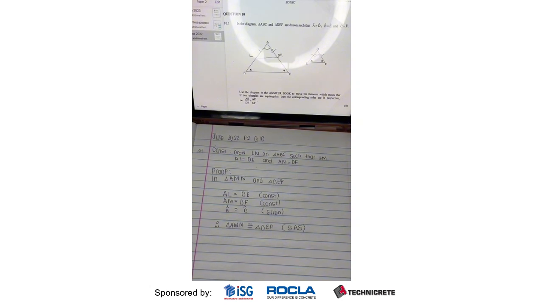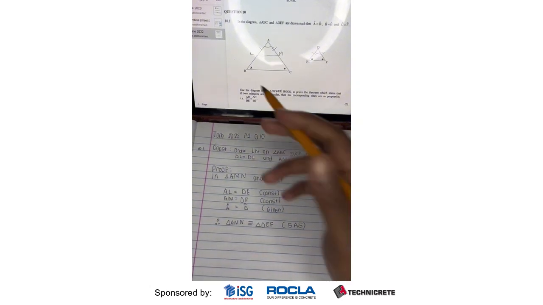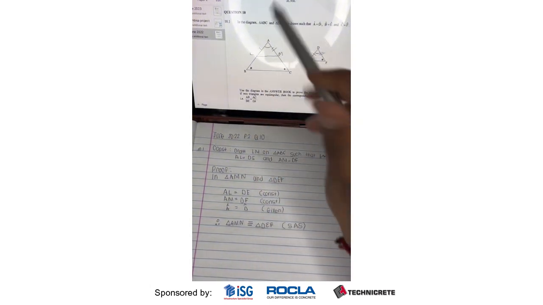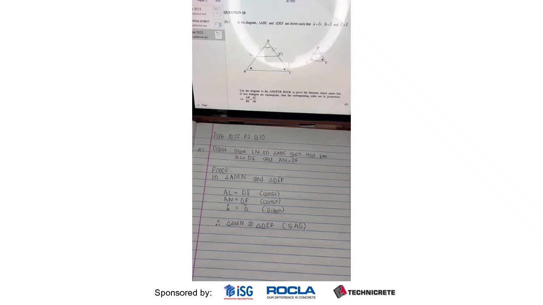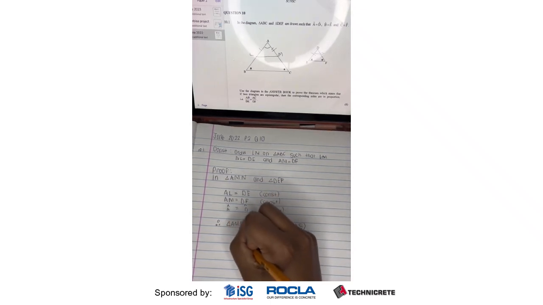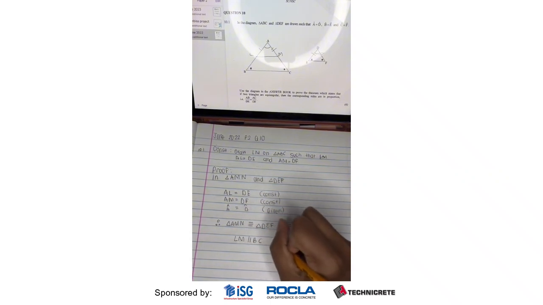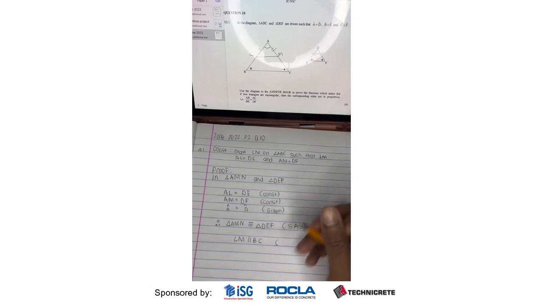Now that we know that, we can say that LM is parallel to BC because of our proof. LM is parallel to BC, and the reason would be corresponding angles are equal.